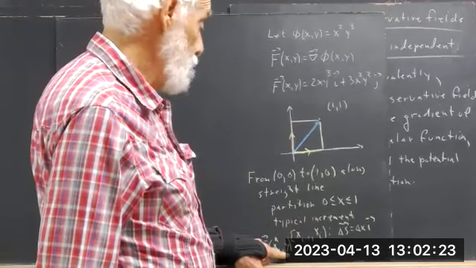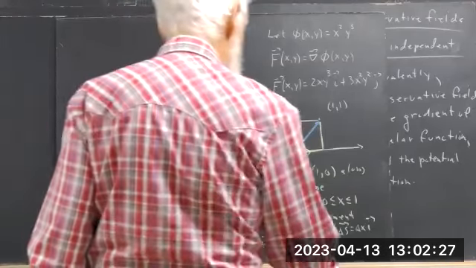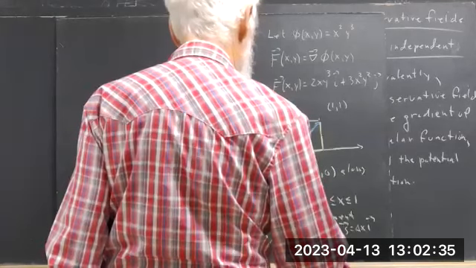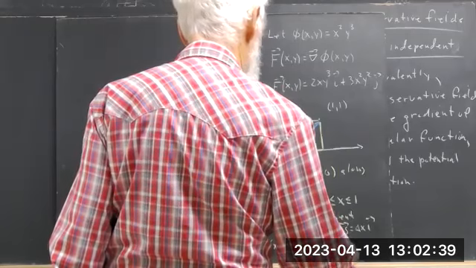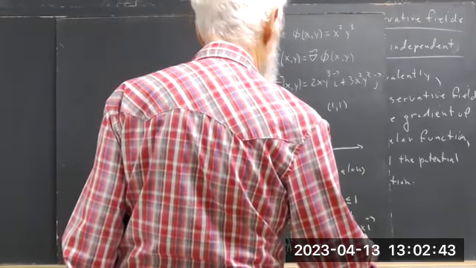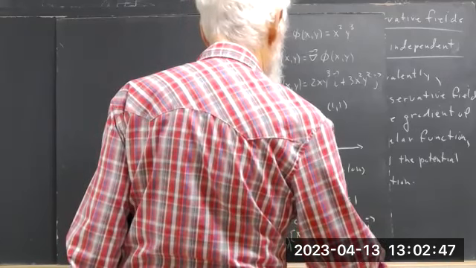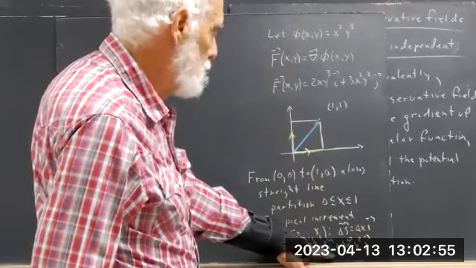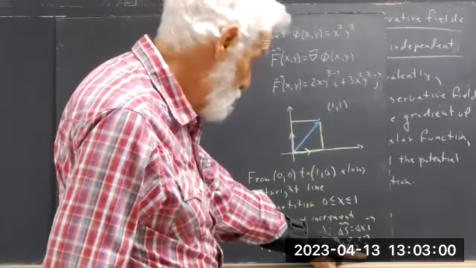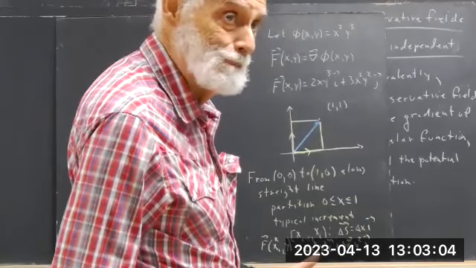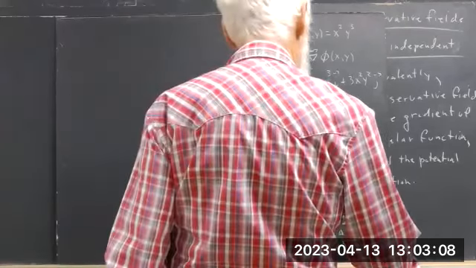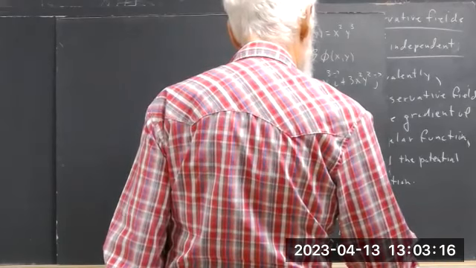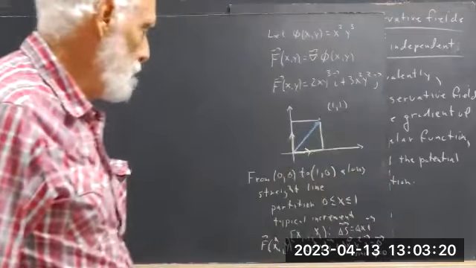You have to evaluate f at x_i star and then whatever y is. That equals 2 x_i star y cubed i plus 3 x_i star squared y squared j. But y is 0 everywhere in this path.